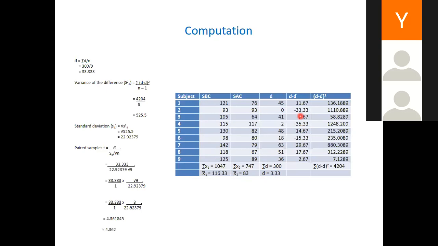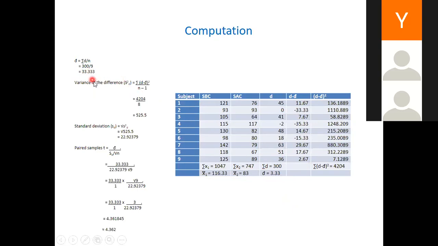So you now calculate the standard deviation of the difference. How to calculate that? The deviation of the difference, the squared deviation, and now calculate the variance. Look at the variance. Look at the mean of the difference now. 300 is the sum of the differences, divided by 9.